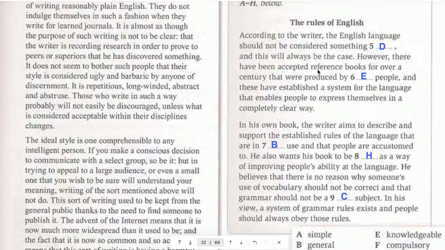Find the similar words or phrases in the paragraph. Looking for the similar words or phrases in the paragraph?